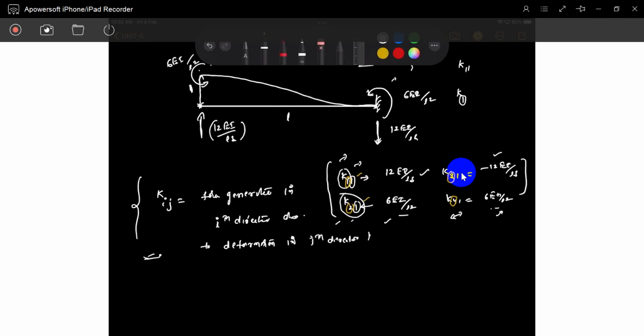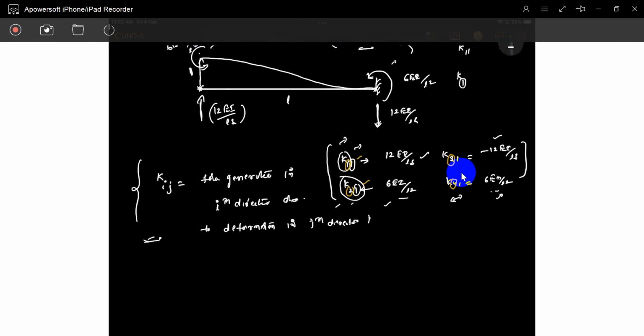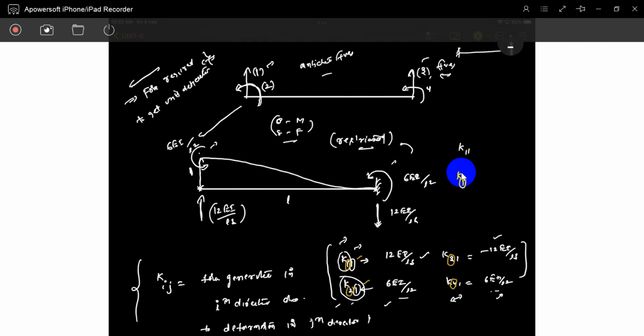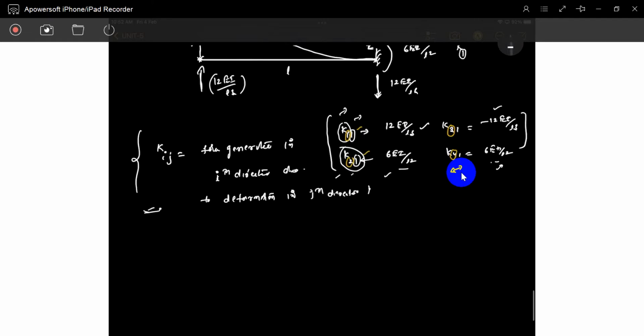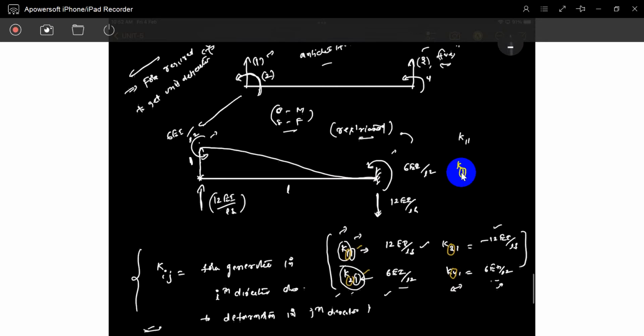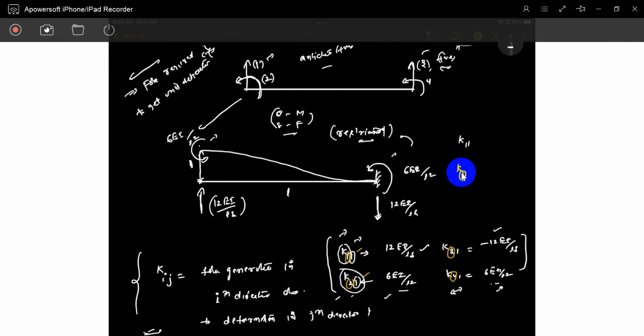The second part: if we take the second direction, we generate a unit deformation in the second direction. Second is a rotation, a movement, rotation.